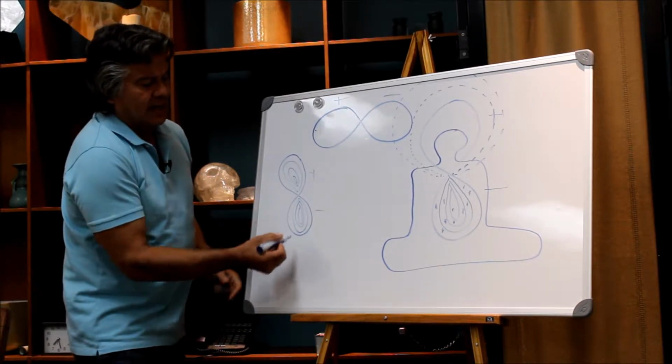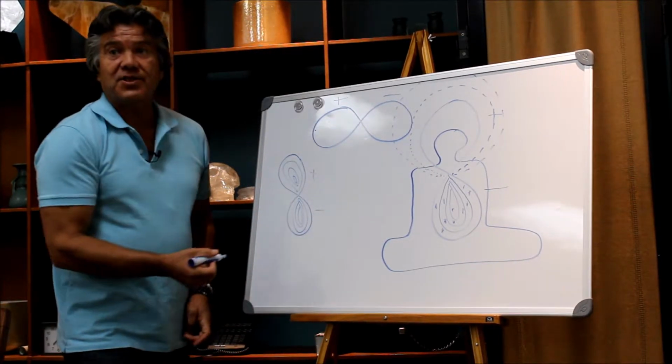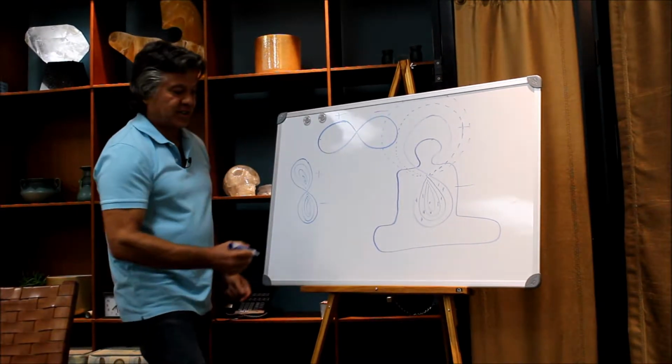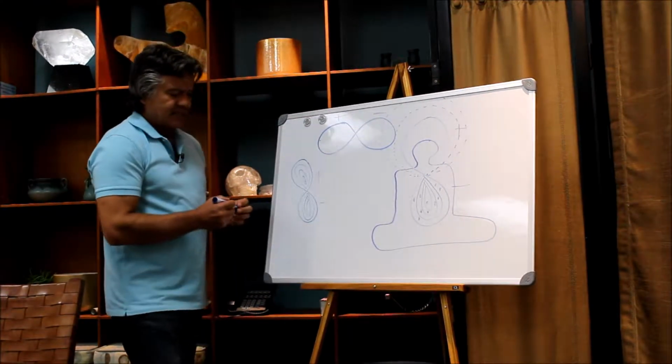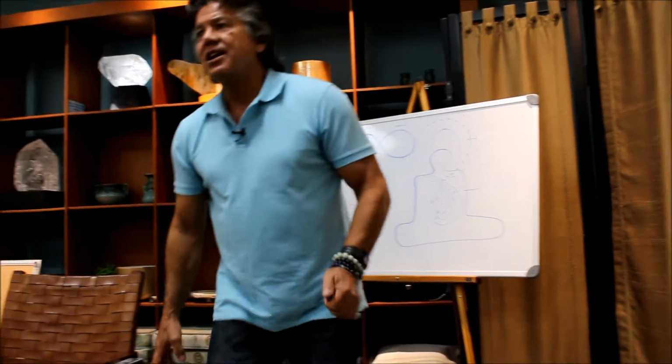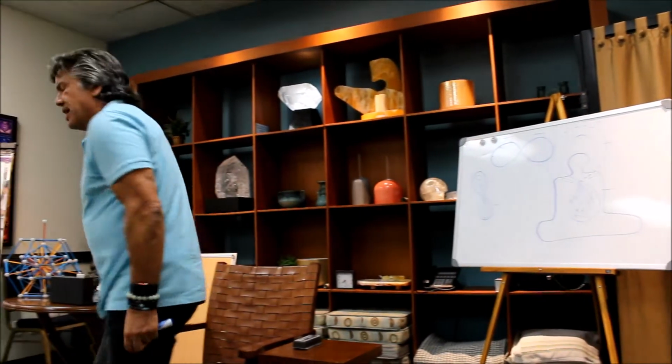So this, we could say, is associative separation. Associative separation is you start discovering that the core issues, the core fears, the core challenges have something to do with you.